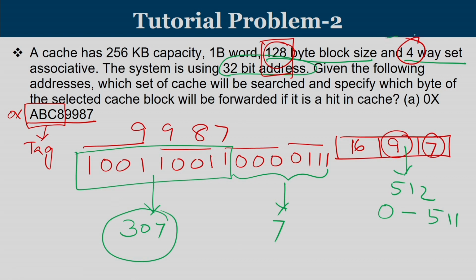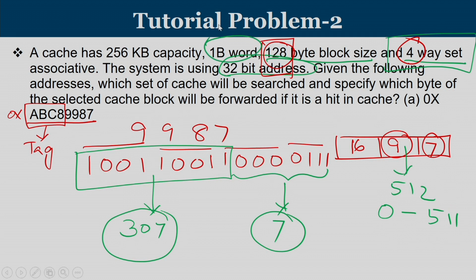Since it is 4-way associative, you will search in all the 4 blocks of set 307 and see whether the tag that is stored is ABC8, a 16-bit tag. If it is a hit, then in that particular block, extract the 7th byte or the 7th word. In this case, 1 byte and 1 word are the same.